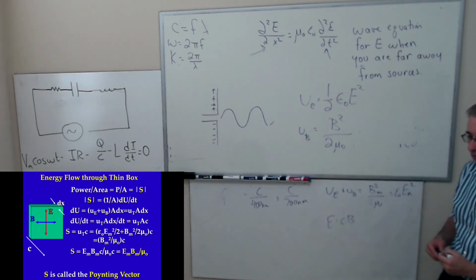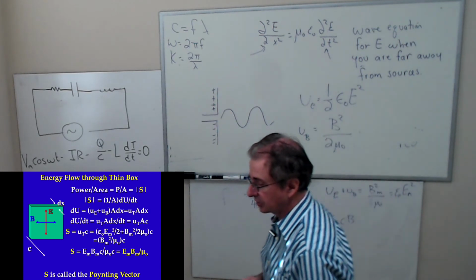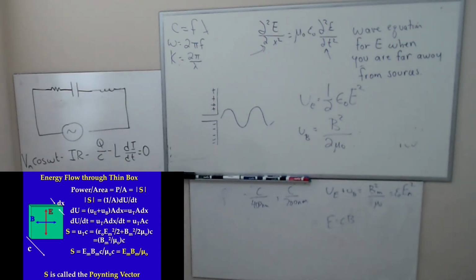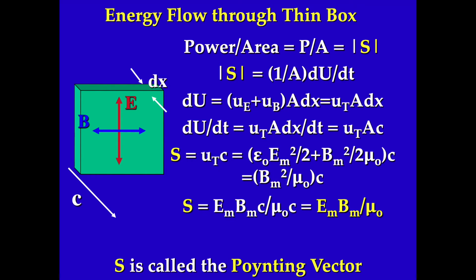Either way. So in the notes, I wrote it in terms of E and B for a particular reason, because E and B are perpendicular to each other, and they're perpendicular to the direction of travel.